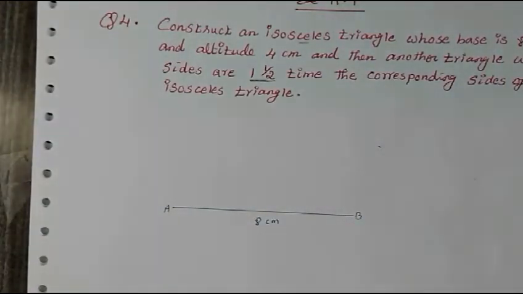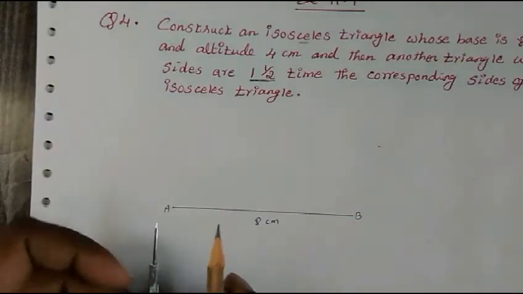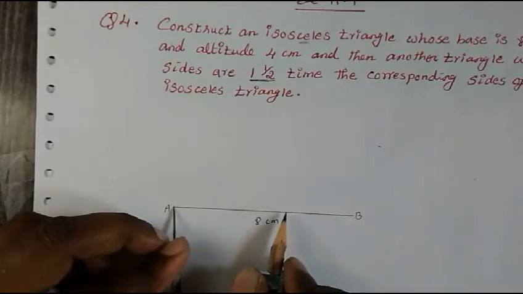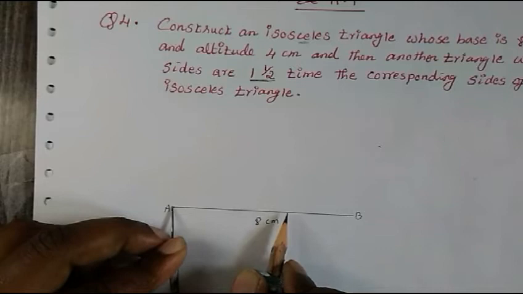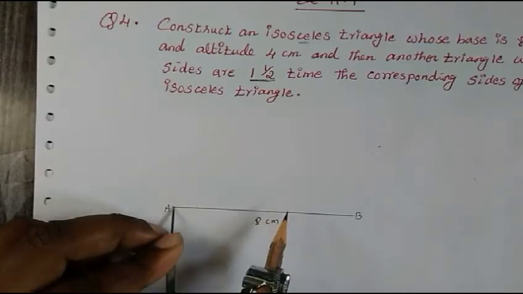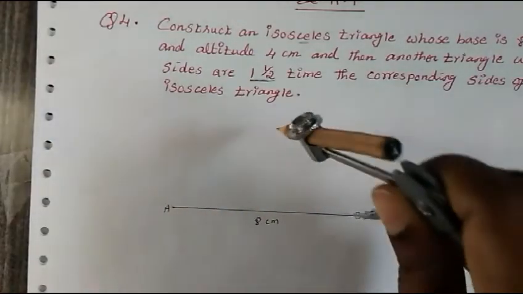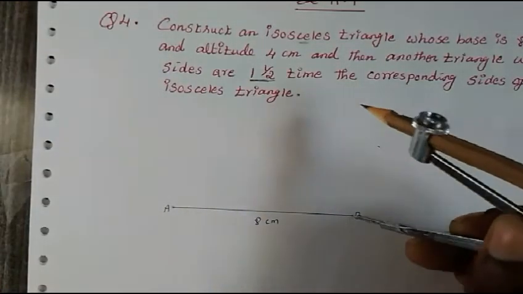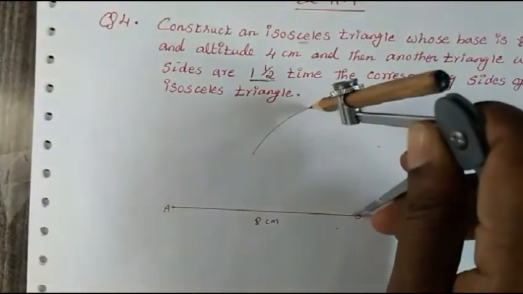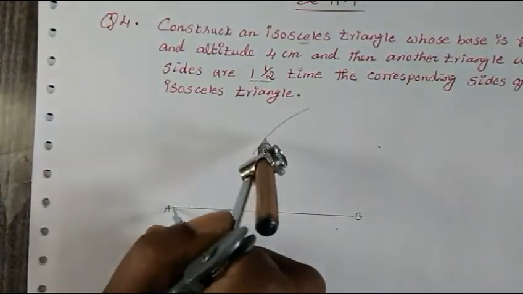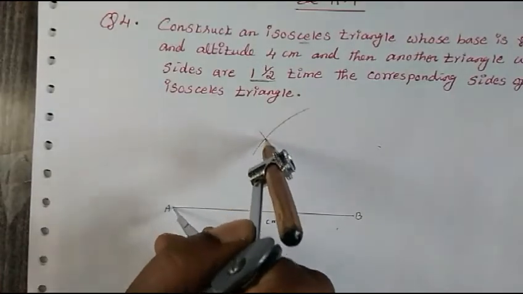In smaller classes you have learned how to draw a perpendicular line. You have to take your compass more than half of this measurement. More than half of this measurement we will take, and then on both sides you have to draw the arc. From this end, one arc, and same measurement from this side, another arc.